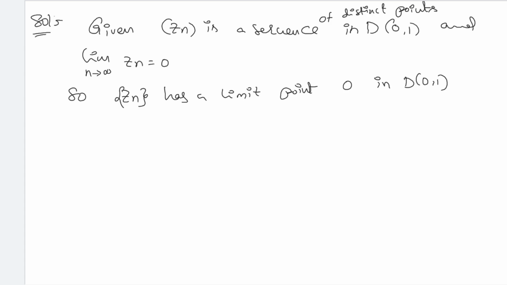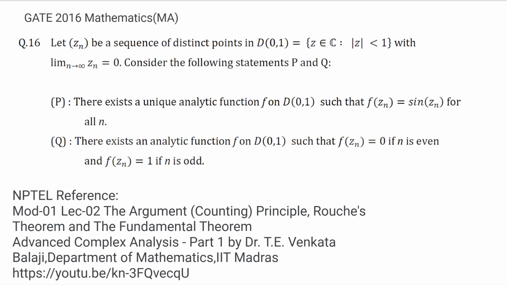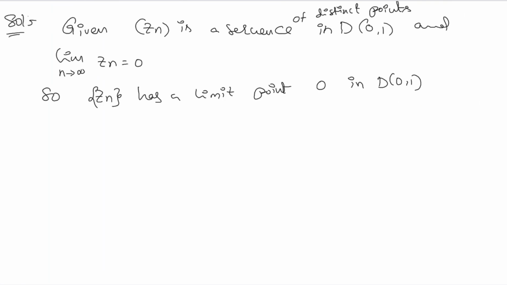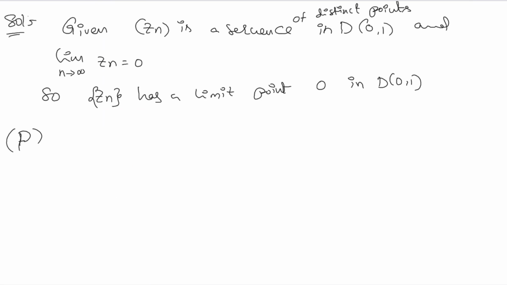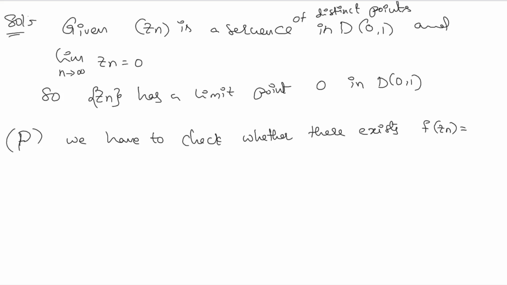So now coming to statement P. It is asked to check whether there exists a unique analytic function f on D(0,1) such that f(Zn) = sin Zn for all n.